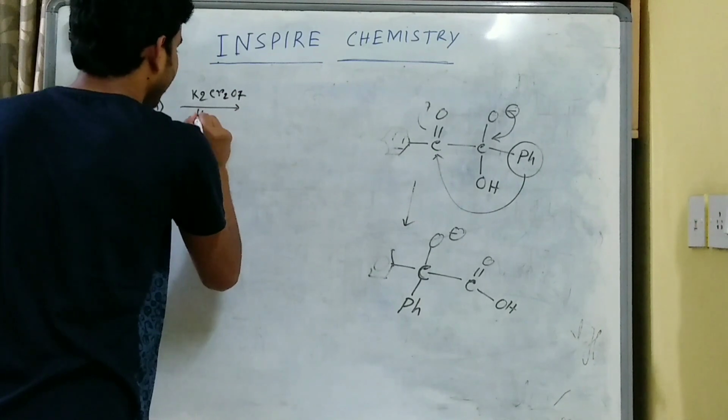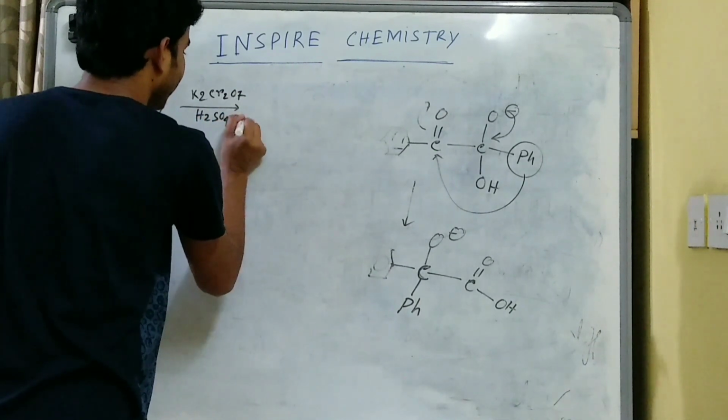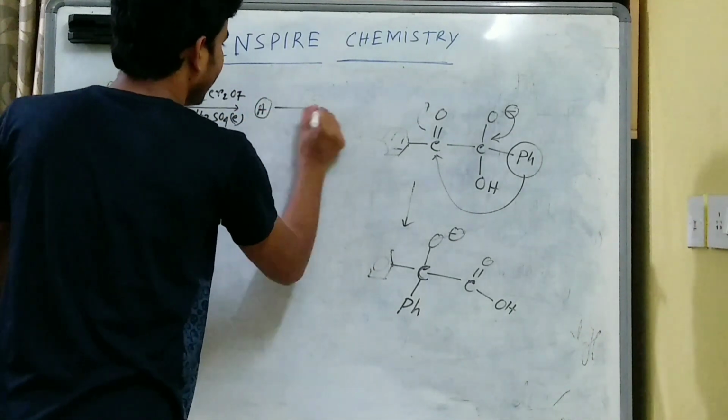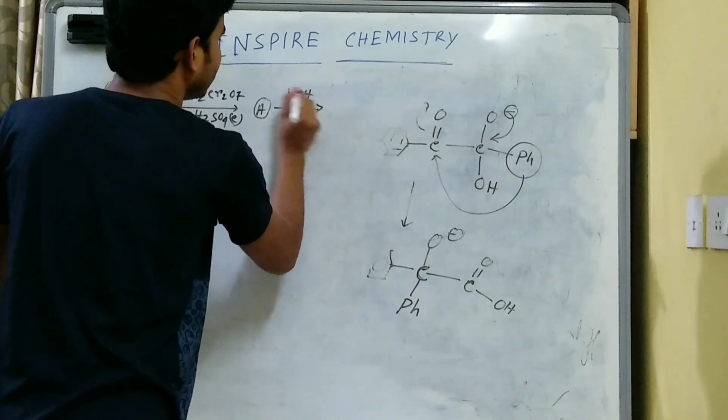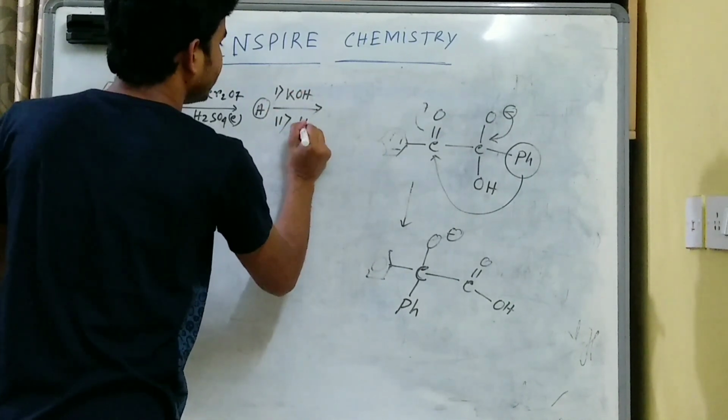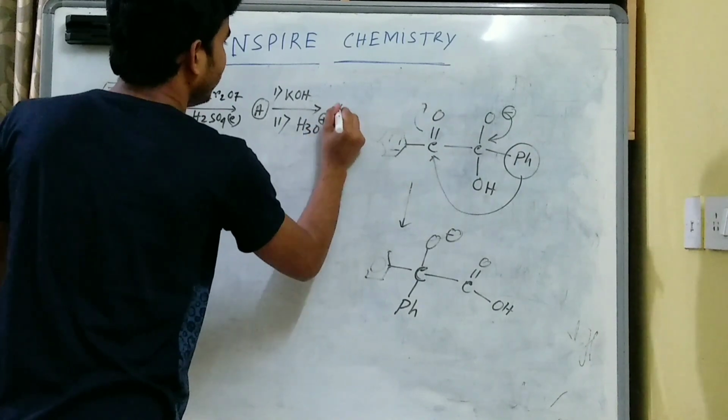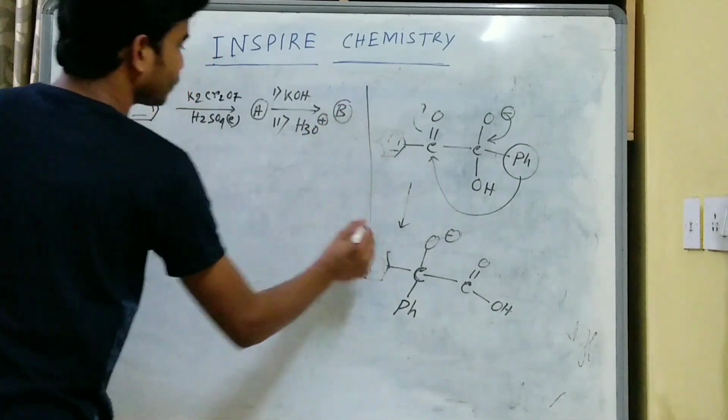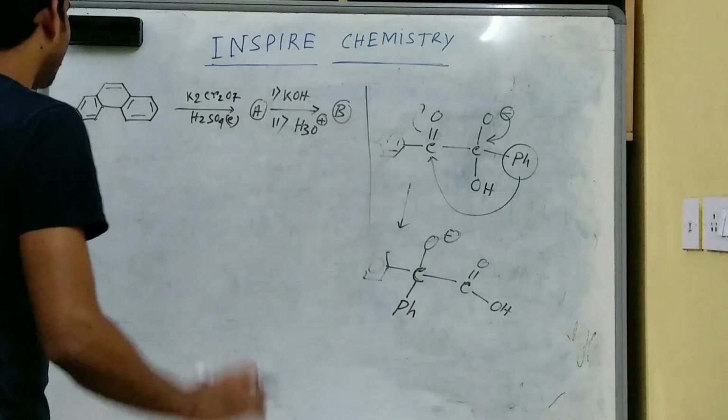At first K2Cr2O7 and concentrated H2SO4, this will form A. After that KOH and second H3O plus will form B. This is the question.